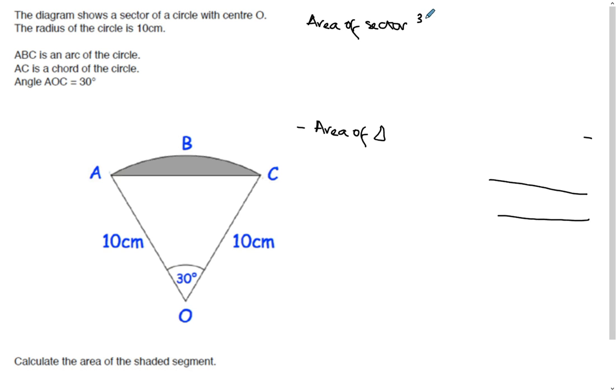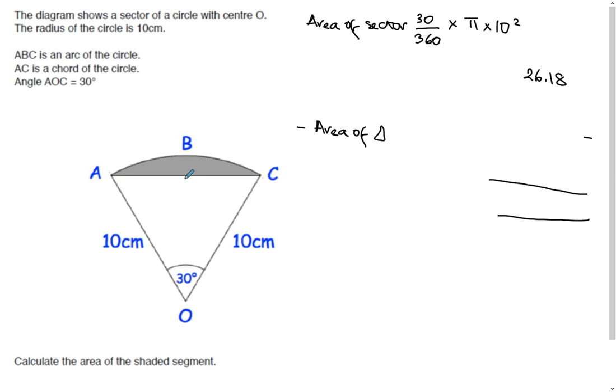It's 30 divided by 360, and then the area of the circle is pi r squared, so we're going pi times 10 squared, which will give you 26.18. And then the area of the triangle.